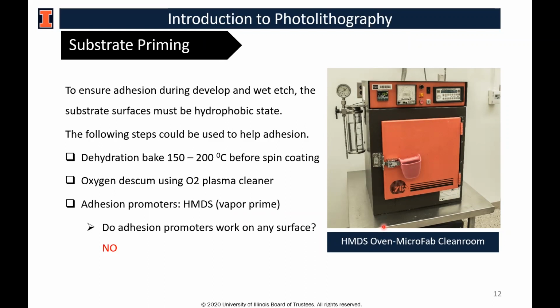Basically, we apply HMDS vapor on the substrate, and then we bake it at 150 C for about half an hour. It should be noted that the adhesion promoter won't work on all the surfaces. It can only work on oxide surface. So if you have a pure metal surface, say a gold wafer or something like that, it may not work.